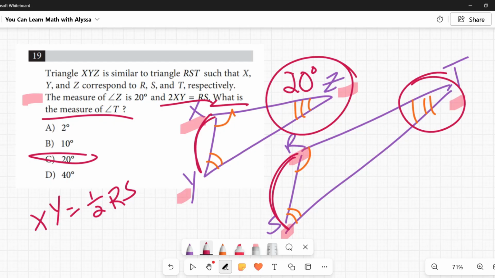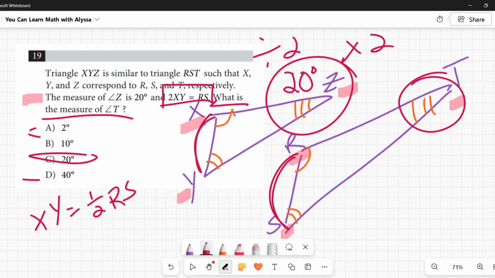They're hoping you'll think you need to take this 20 and either divide it by 2 or multiply it by 2, which is why you've got the 10 and 40 as options. The 2 degrees is just an outlier. They're hoping you'll think the ratio is necessary. Like, why would they say it if I don't need it?